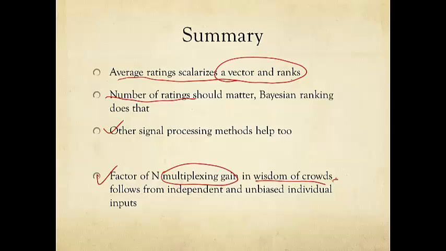So one particular quantification in an unambiguous language is this factor of N, multiplexing gain. From what we saw in Galton's example, it follows from independent and unbiased individual inputs. They can be wrong, but as long as they're wrong in independent ways, then for a large enough sample size, we will see this factor of N gain. And we'll later see other types of wisdom of crowds.